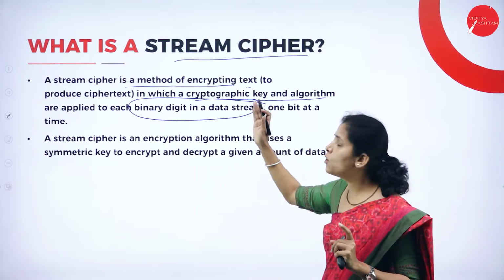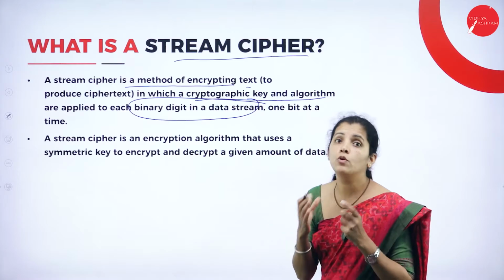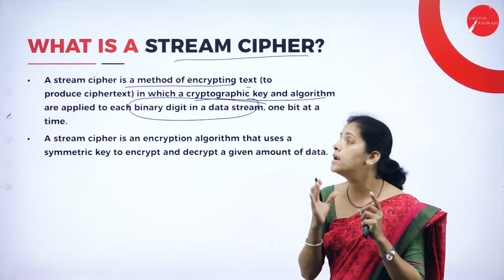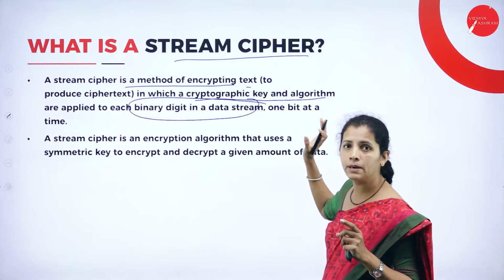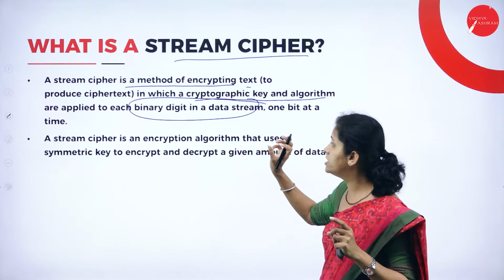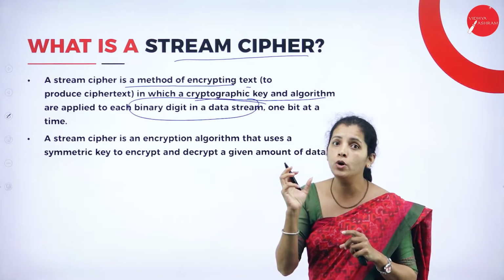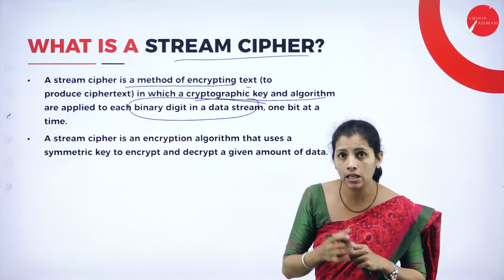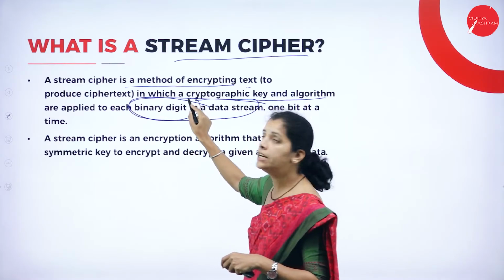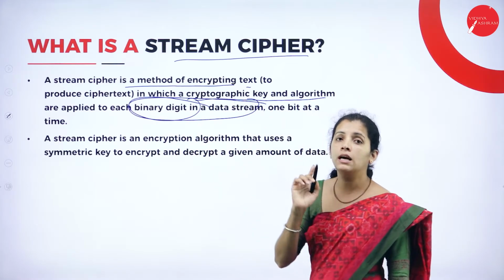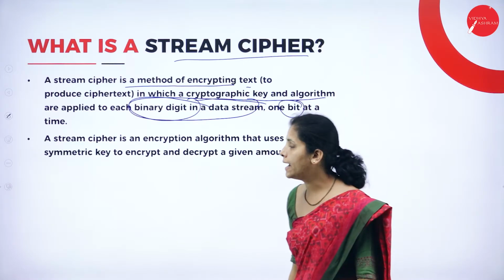So stream means I'm having a group of binary digits, and in that I'm going to consider only one bit at a time. Stream cipher is nothing but the binary digits in a data stream. That means whatever plain text we provide to an encryption algorithm is in the form of binary digits, and we consider one bit at a time.